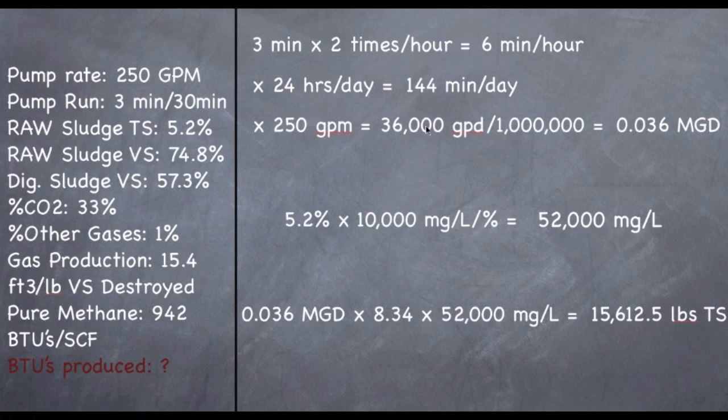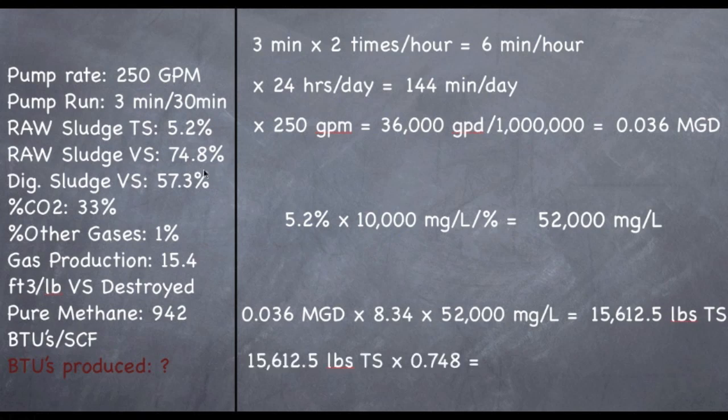But what we need to remember is there are portions of that sludge that we cannot convert to methane. There's inorganics left in there. So that's where we need to find out how much of this is volatile solids, how much is organic, how much can we break down into other useful compounds. So we need to take that 15,612.5 pounds and multiply it by 74.8%, because that is how much of it is actual volatile and organic.